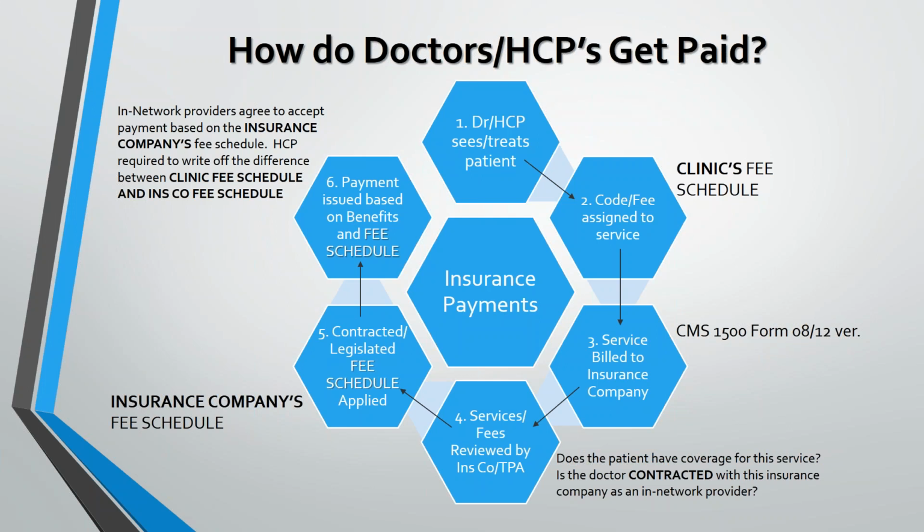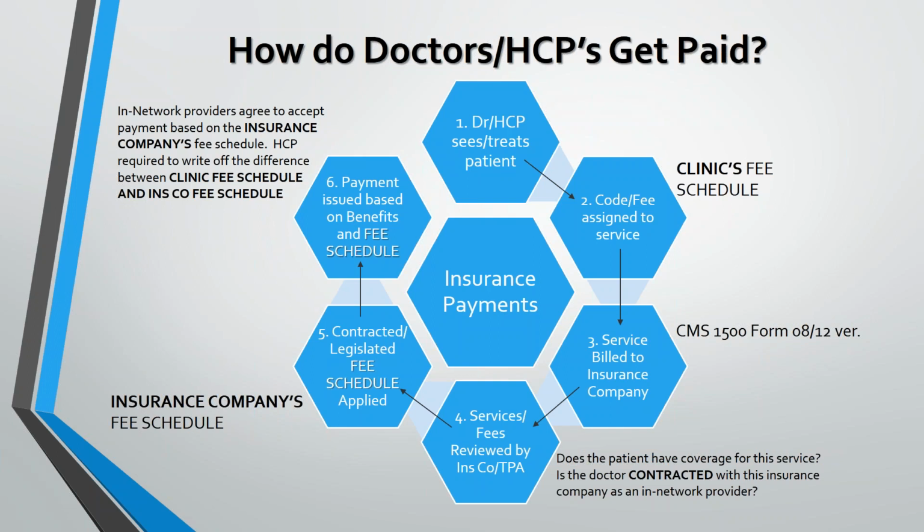So anyway, a code is assigned to the service, and that code is accompanied by a fee. Every code that is billed out by a physician to an insurance company has a value to it. And that value of that service is based on what we call the clinic's fee schedule.